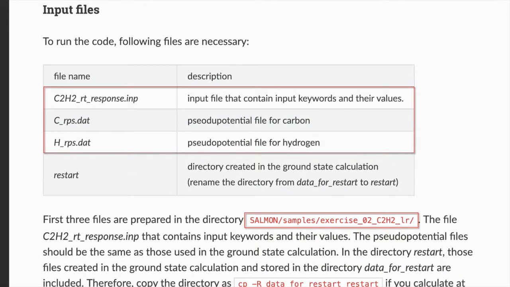The files required for this calculation are contained in the salmon/exercise_02_C2H2_LR/ directory. Let us copy the files to exc2 as the directory where the calculation is performed.